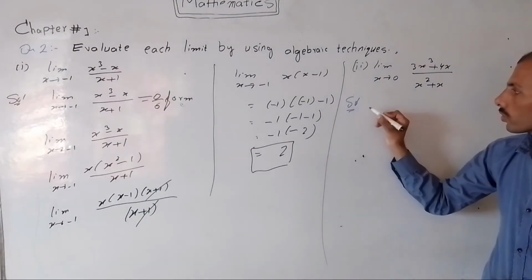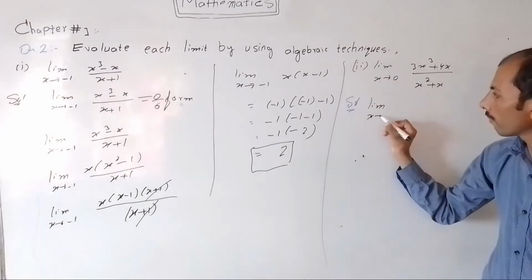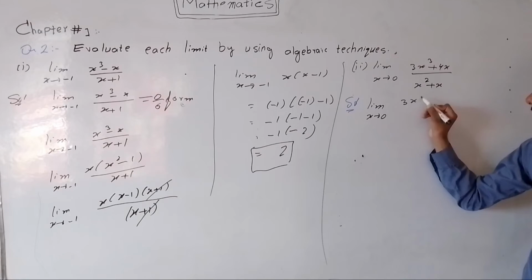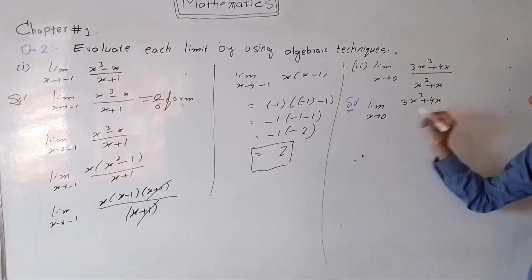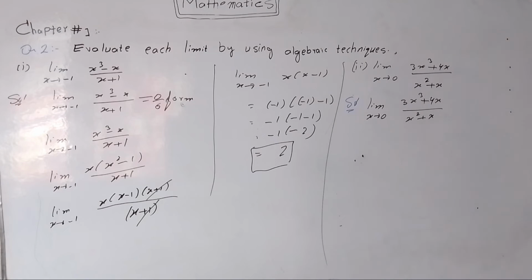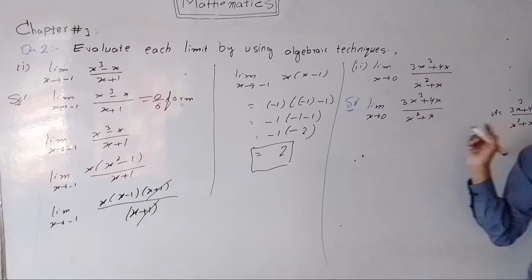Limit x approaches to 0, 3x cube plus 4x divided by x square plus x, as 3x cube plus 4x divided by x square plus x is of 0 by 0 form.